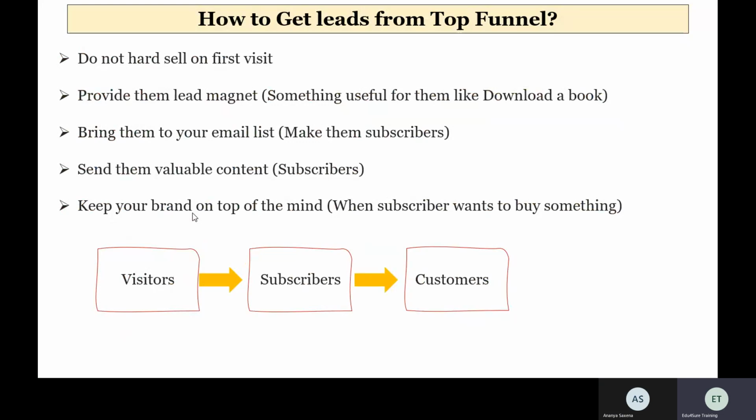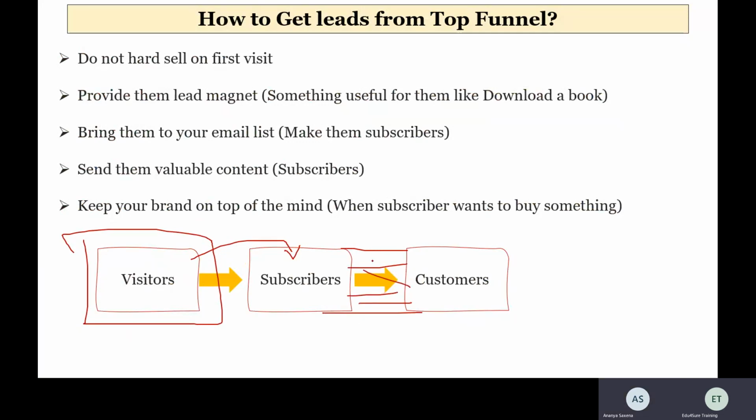So this is important as well. Similarly, with this graph, I first want visitors to become subscribers, and then I will try to see if they can become my customers or not.